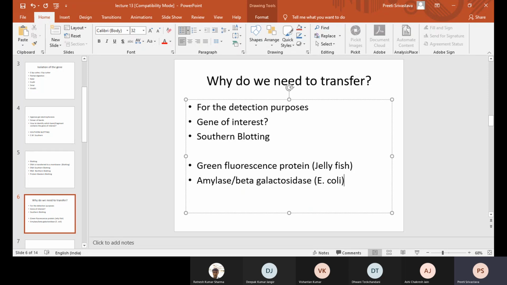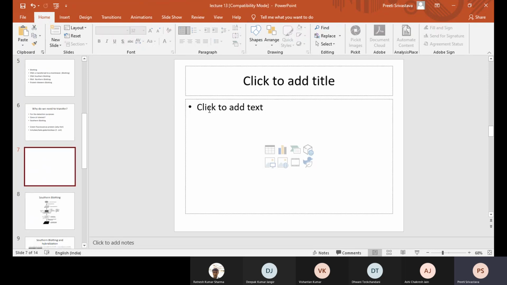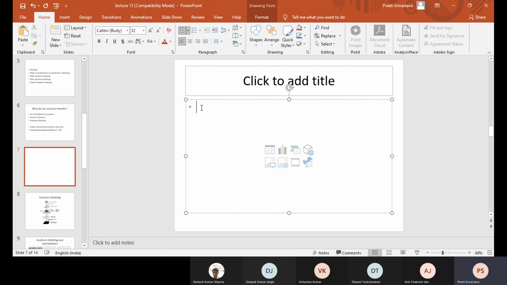Now, we do not know where exactly the gene is located in the chromosome. So if I write all the steps, we are going to start with isolation.